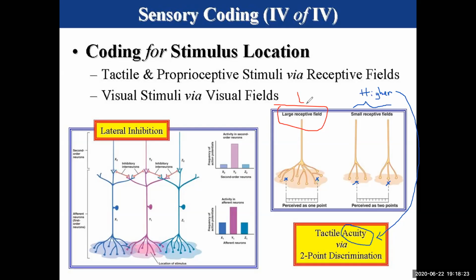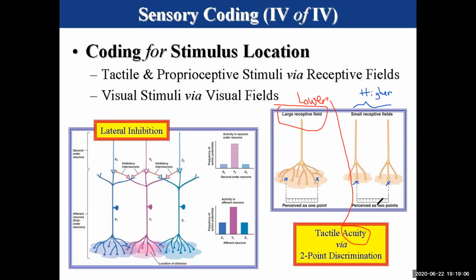We will have a lower capability. We are compromised in terms of our ability to detect two different stimuli. We will detect that as one. So with a larger receptive field, our ability to detect two different stimuli decreases significantly, but with a smaller receptive field, our capability of distinguishing two points is highly accurate.